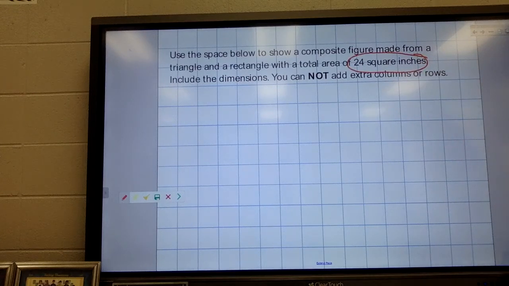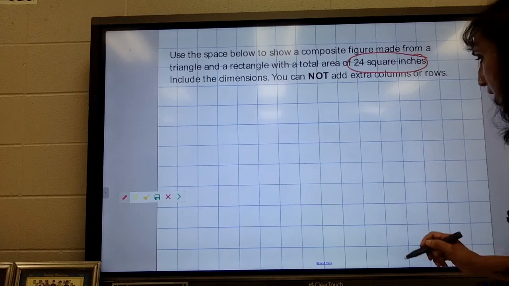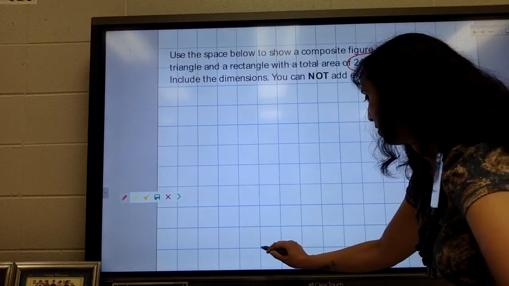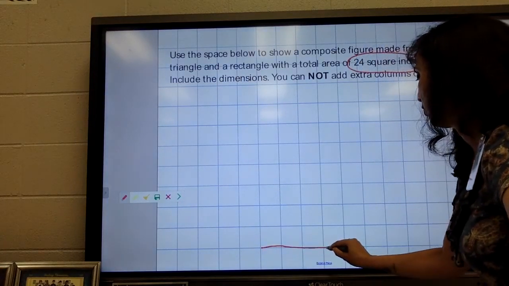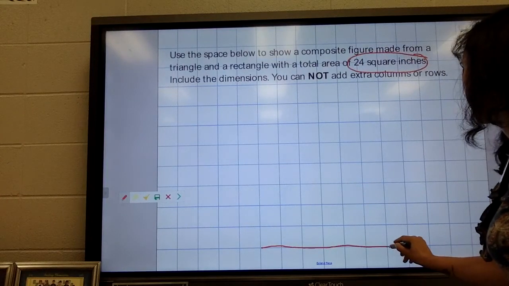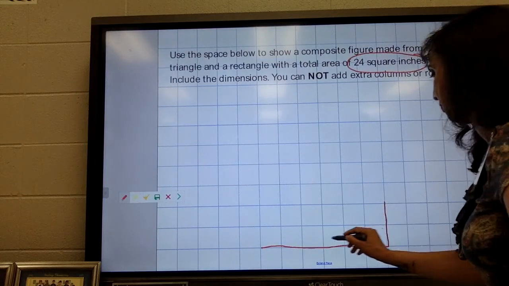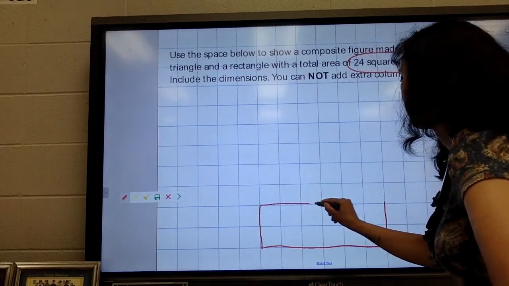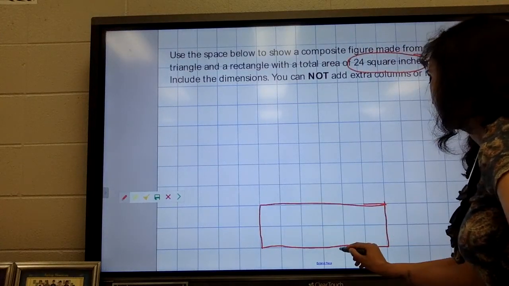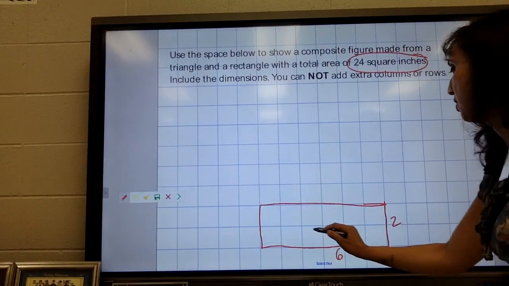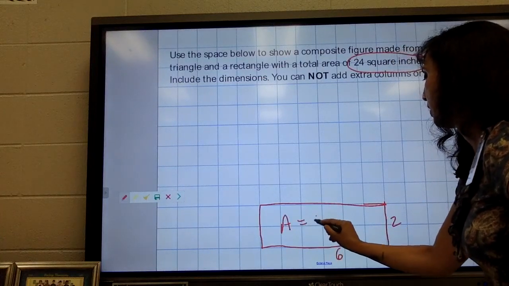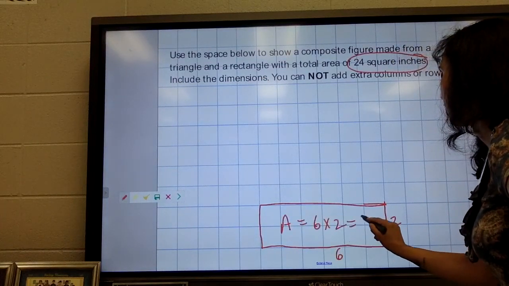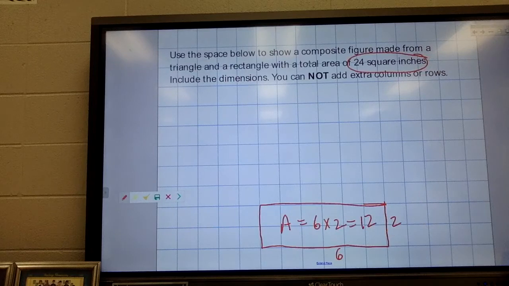So if I do 6 times 2, okay, 1, 2, 3, 4, 5, 6, 1, 2. So this gives me this part. So this 6 times 2. So the area of the rectangle will be 6 times 2, which is 12.